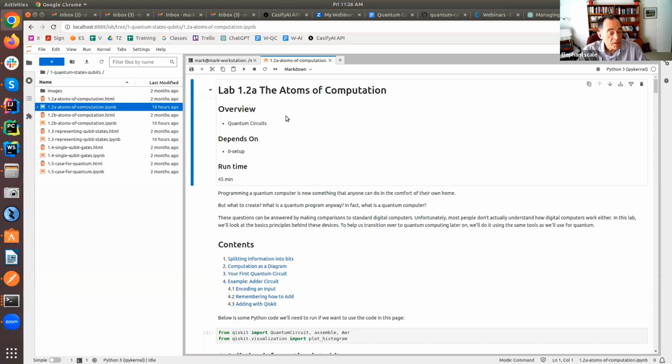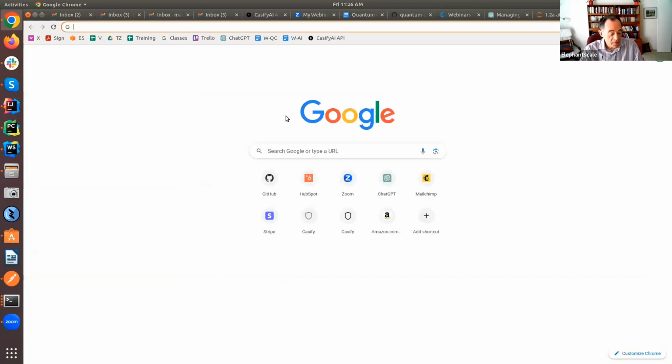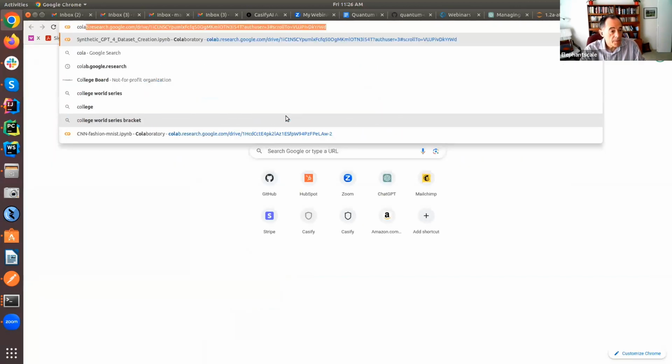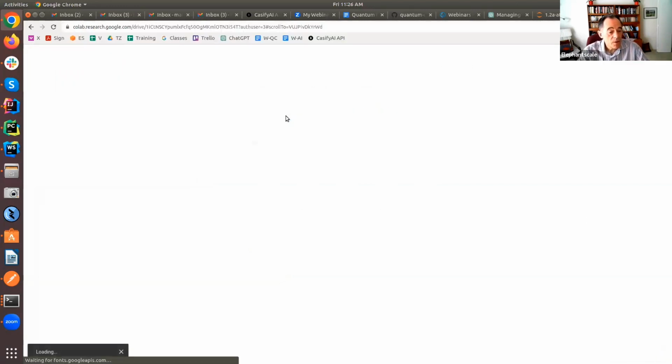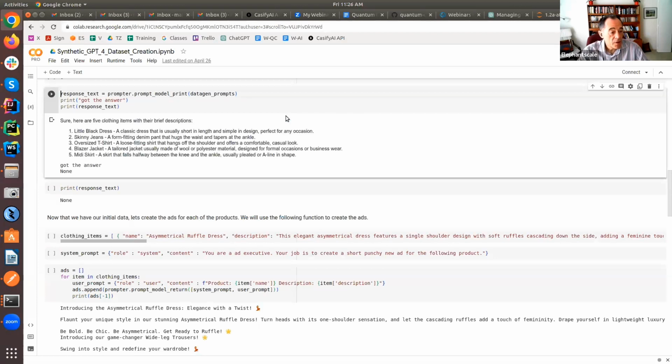So some environments are very good, like Colab. Just in case, Colab is found like this, colab research google. That is if you want to run any Python in the world, you go and run it at their expense on their machines, and it works.